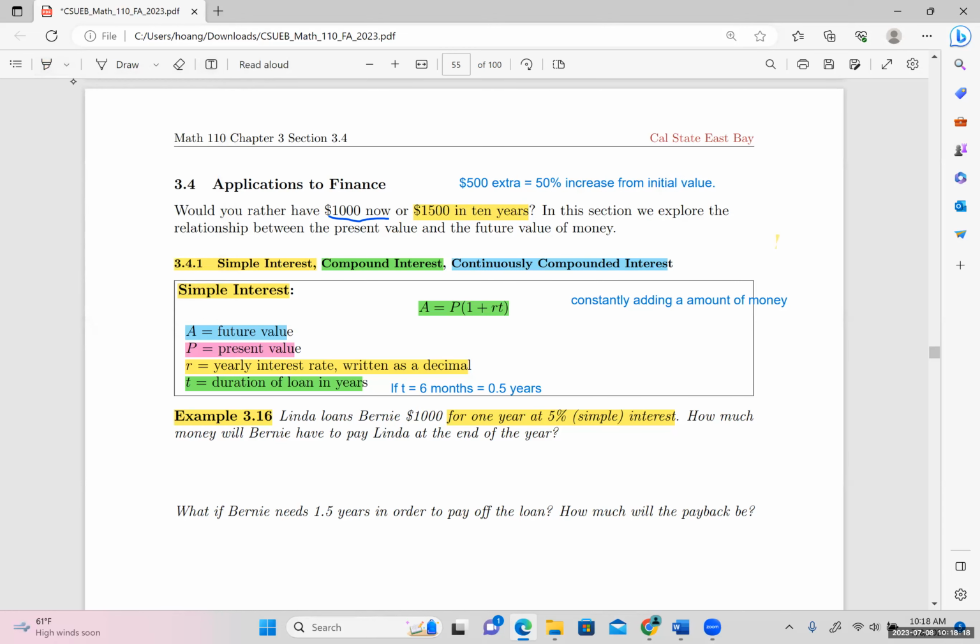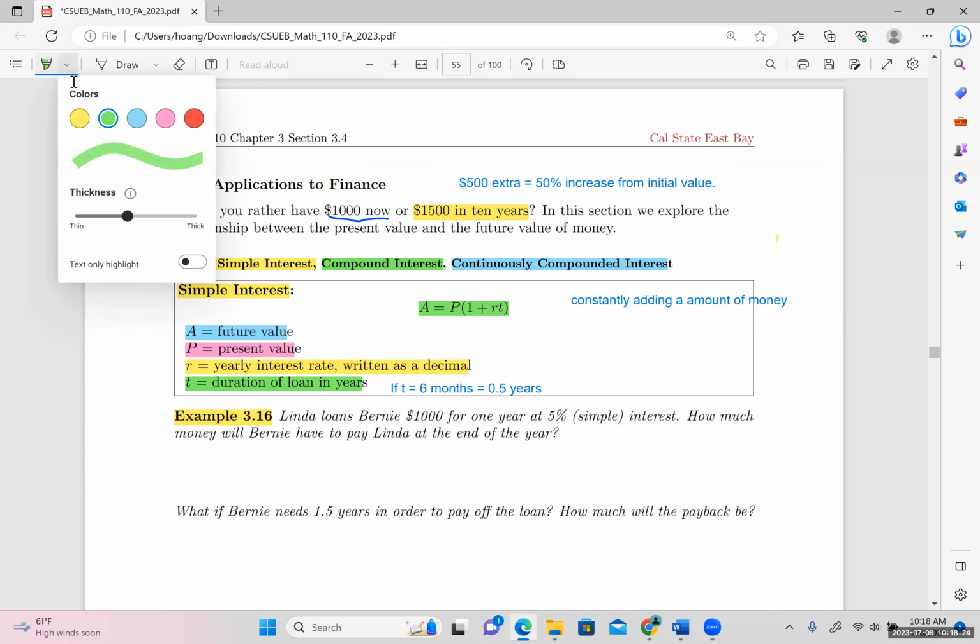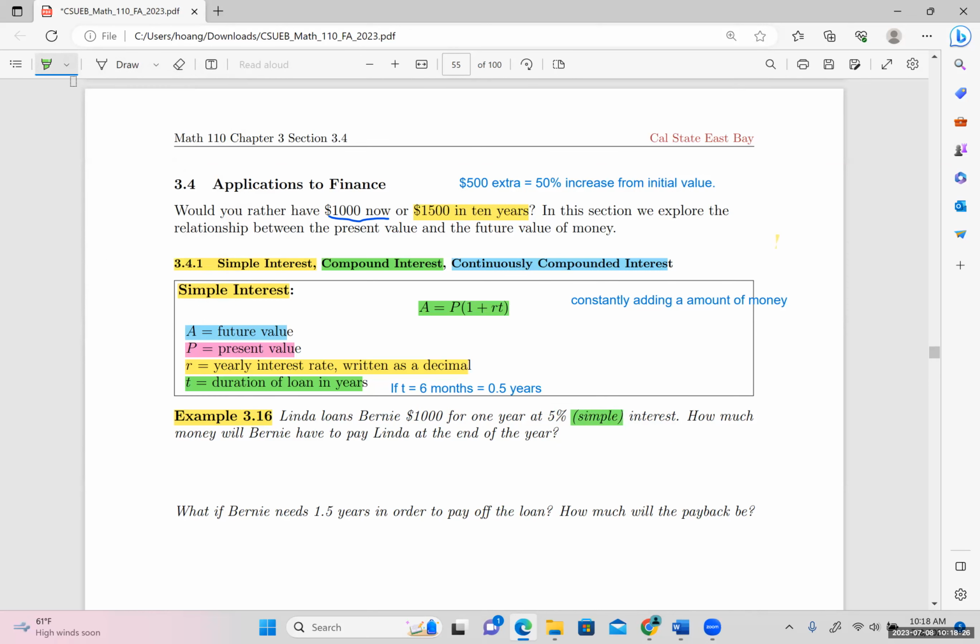Even if they didn't have the word simple, and just said 5% interest, we can just apply the formula as simple interest. They say at the end of the year, that means just 1 year, and also in the given here, just 1 year.